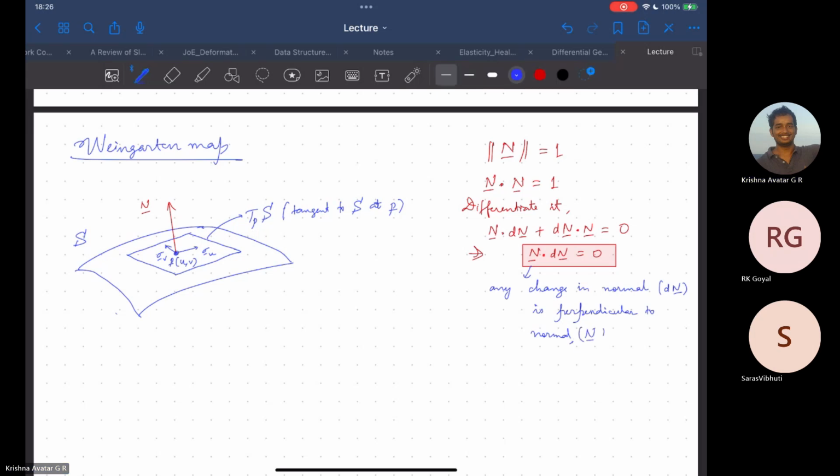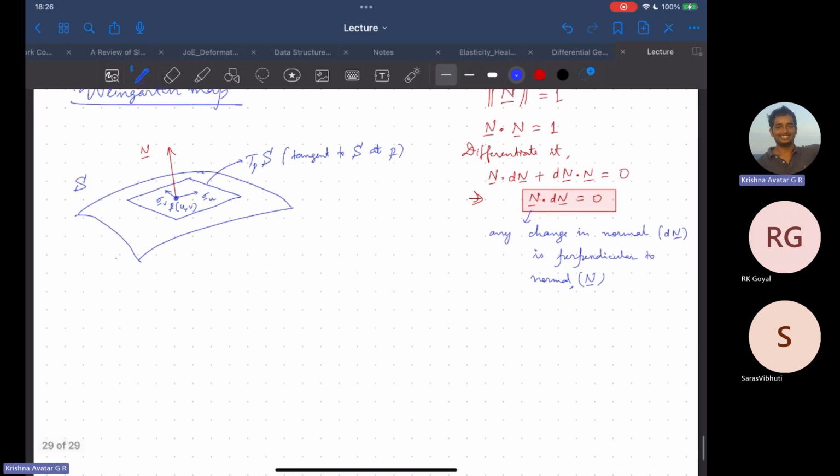It has a very simple, straightforward meaning. Okay, but what does it say? Fine.